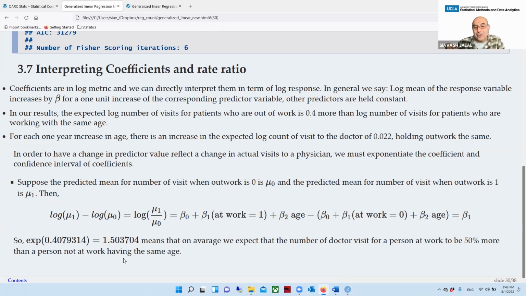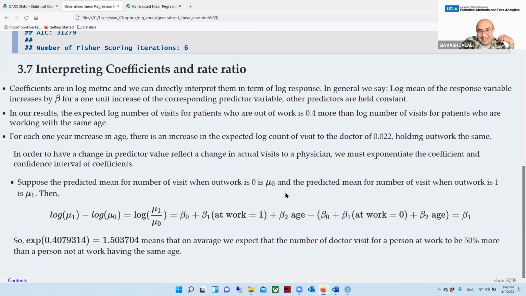So if you randomly sample two 30-year-old persons from the population, one at work, one not at work, you expect their rate of doctor visits to be a factor of 1.5 more for somebody at work.